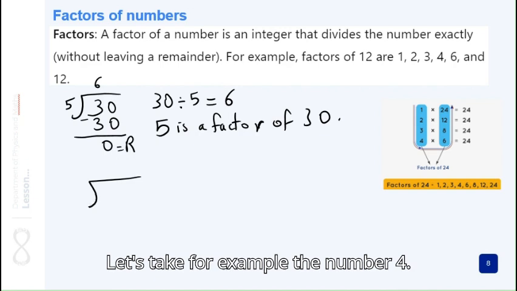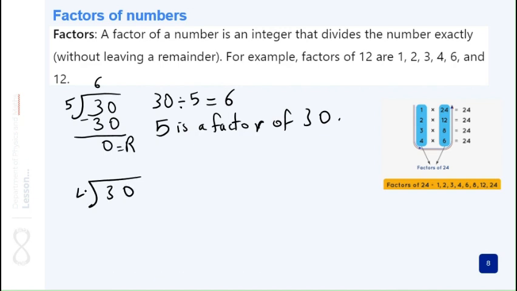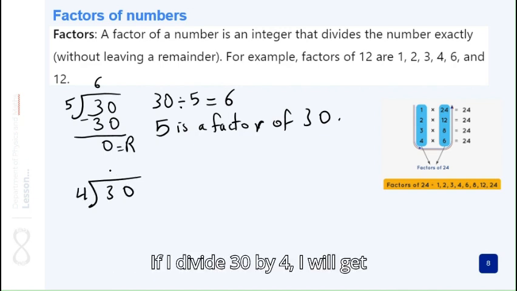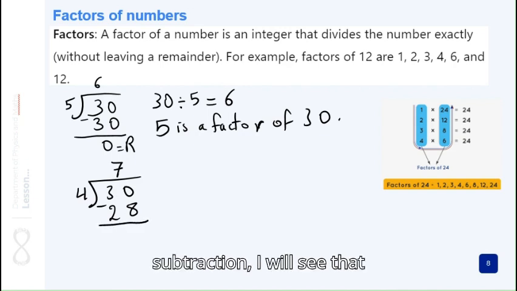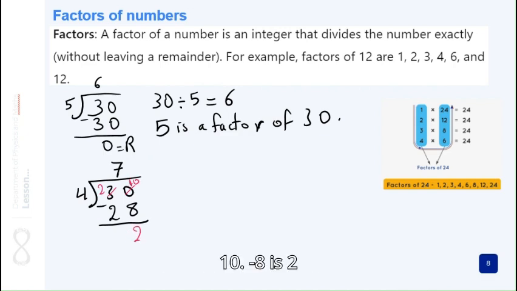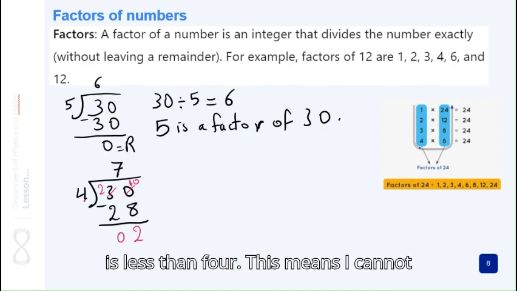Let's take for example the number 4. If I divide 30 by 4, I will get 7, because 7 times 4 is 28. If I do the subtraction, 10 minus 8 is 2, and 2 minus 2 is 0. 2 is less than 4.